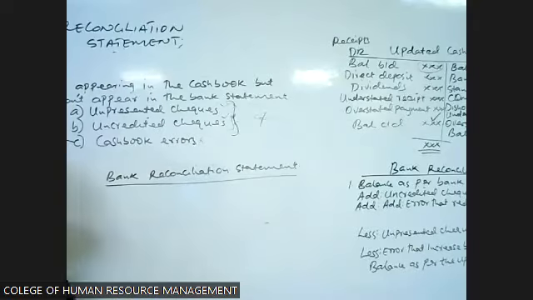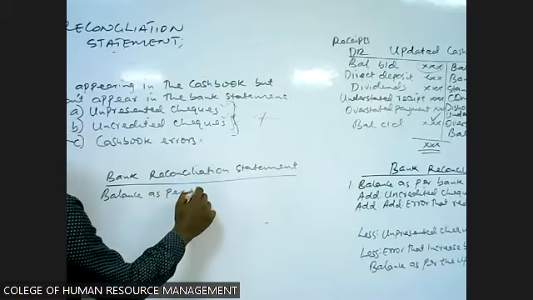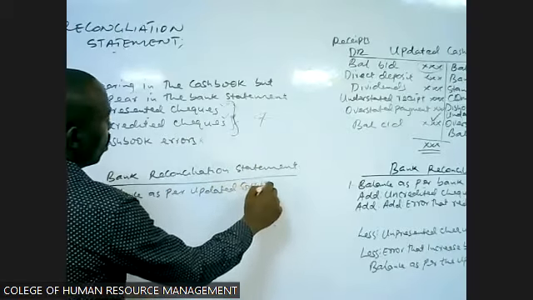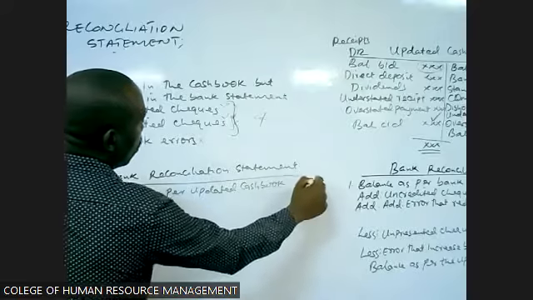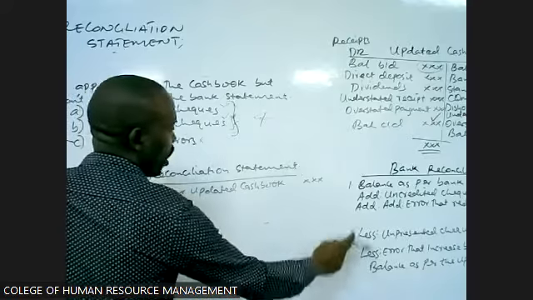In format two, we start now with balance as per updated cash book. If you start with the balance as per the updated cash book, you add what you had subtracted.